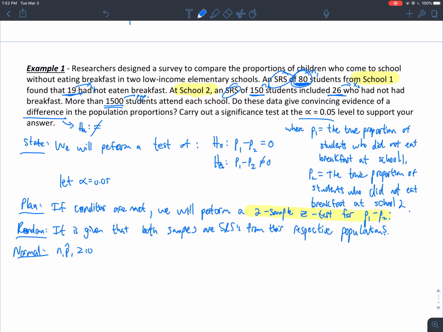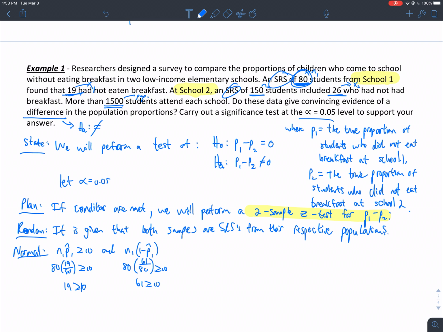N1 is 80, that's my sample size, so 80 times p hat 1 is 19 out of 80, but you know that's always just going to be that number, 19 successes. Okay, and n1 times 1 minus p hat 1, which is 80 times 61 over 80, and we know that that's greater or equals to 10.